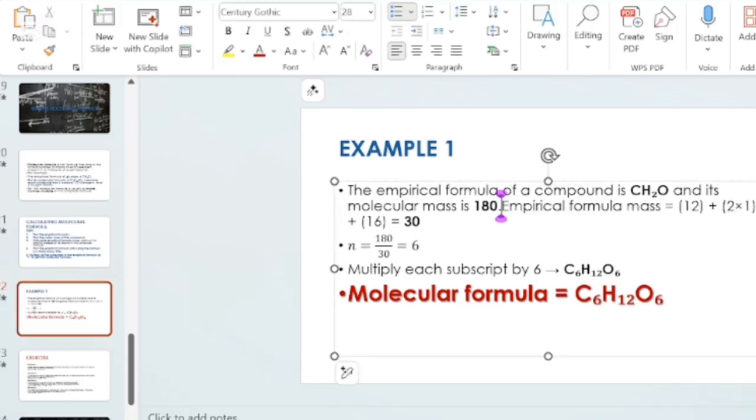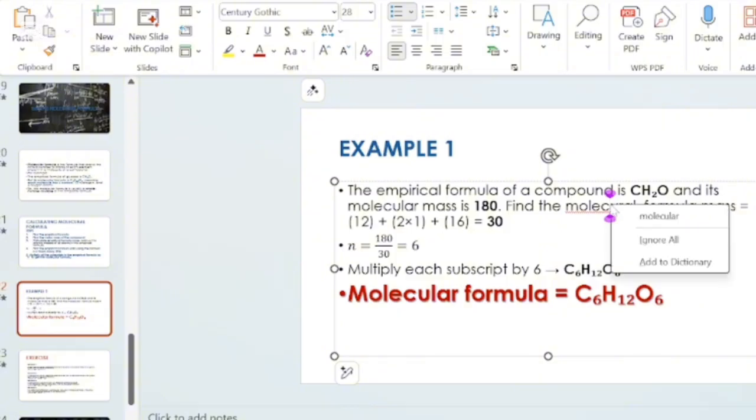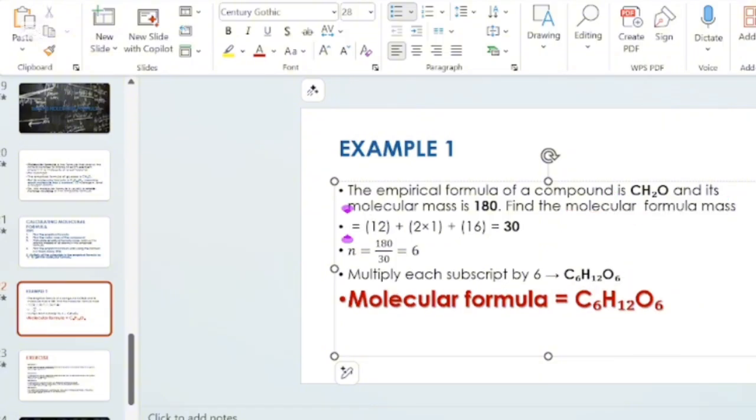The question should be: find the molecular formula. Obviously carbon is 12, but hydrogen is 1.